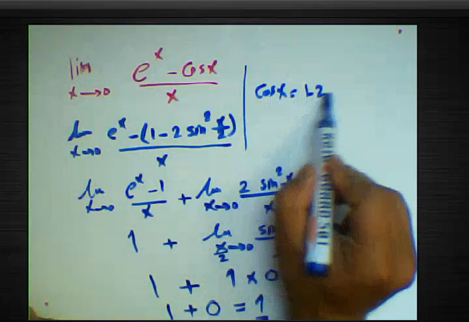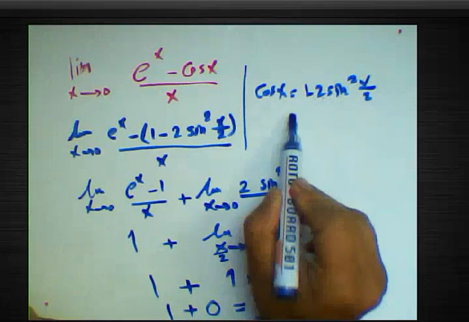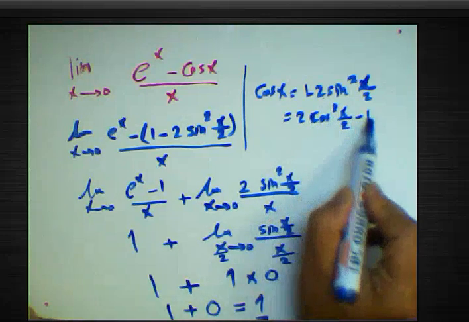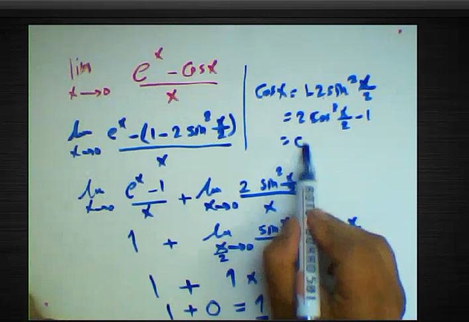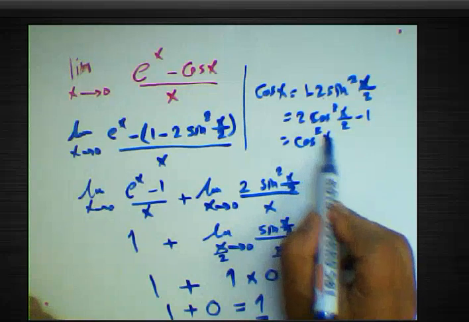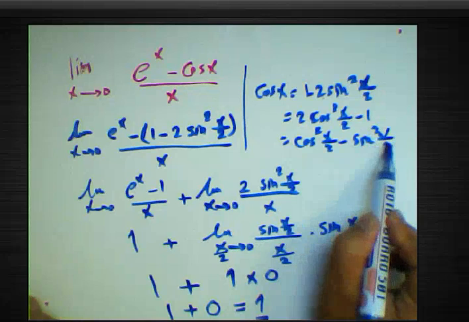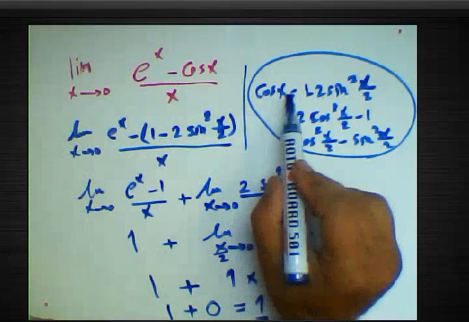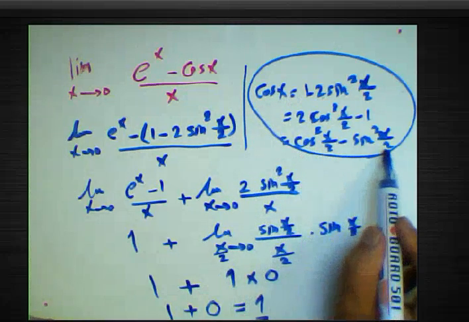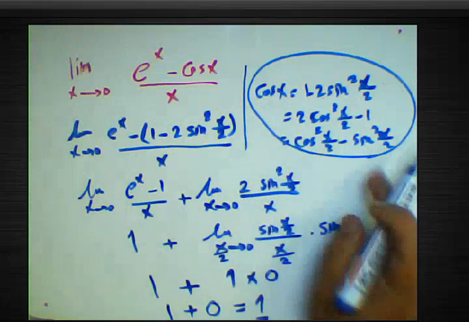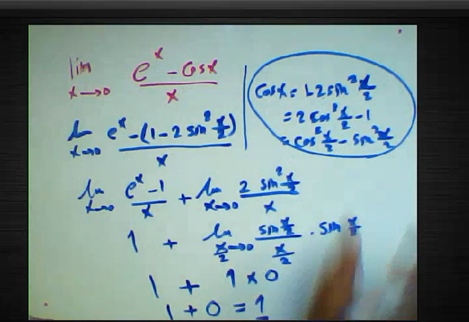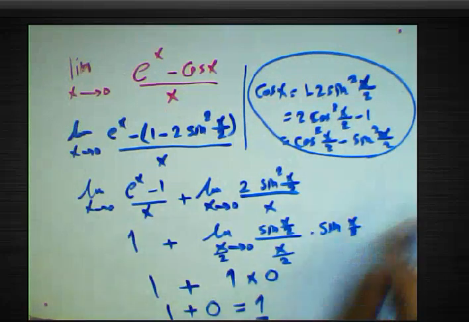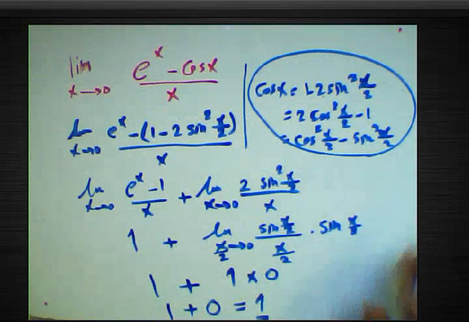With twice the angle, it will be cos²x − sin²x. In these rules we must write half of the angle. In this example I must use sine. Why? Because sin 0 equals 0.